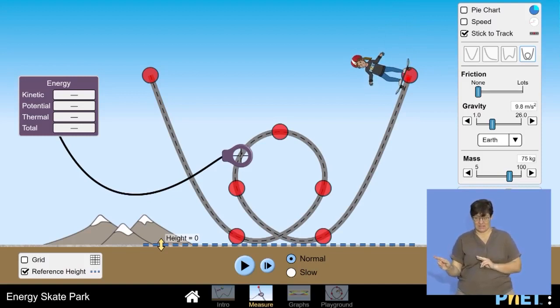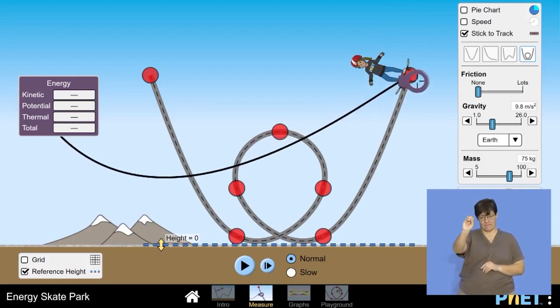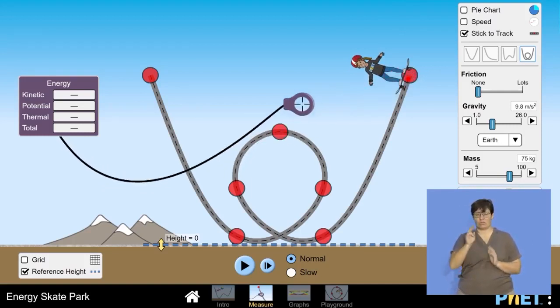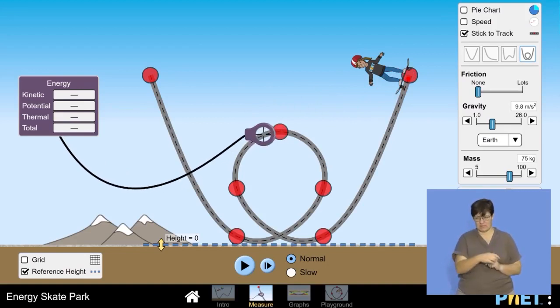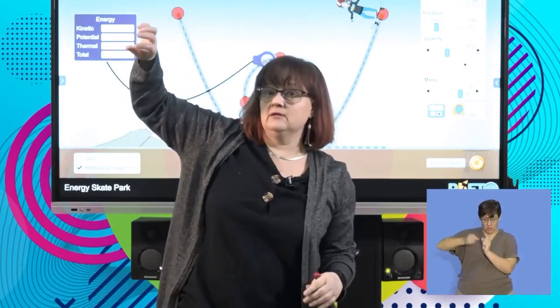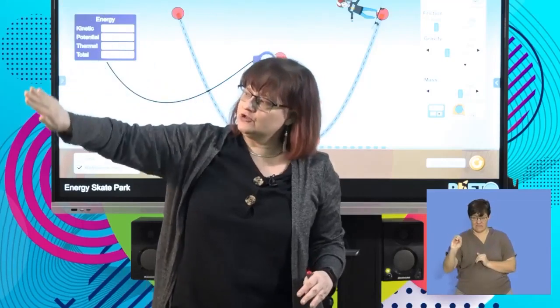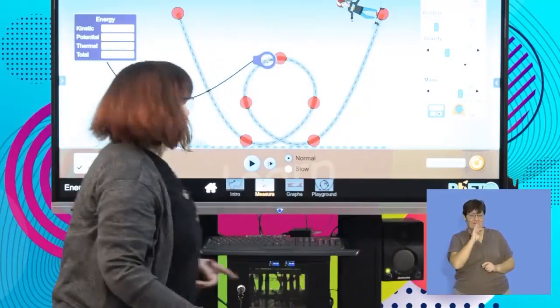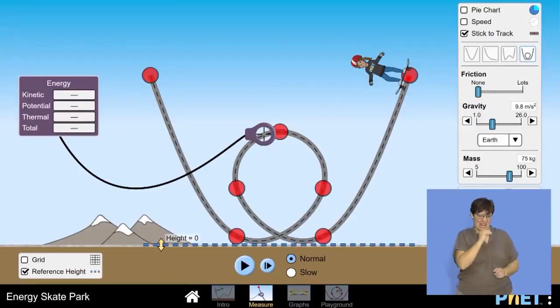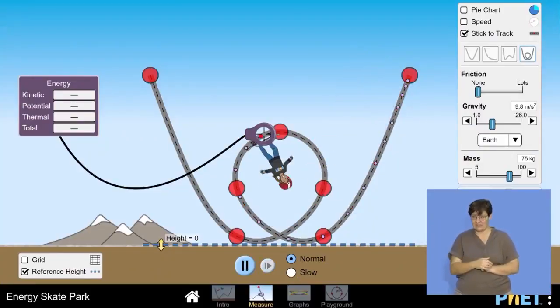It has a certain amount of potential energy just because it's sitting over here. It's not going to read it for me because it needs to be moving, but there's a certain amount of potential energy waiting to go. If we've given the skateboarder enough potential energy, so he's high enough, when that converts to kinetic energy as it comes down, there'll be enough kinetic energy to get it around the loop. So let's see. Watch. There we go.